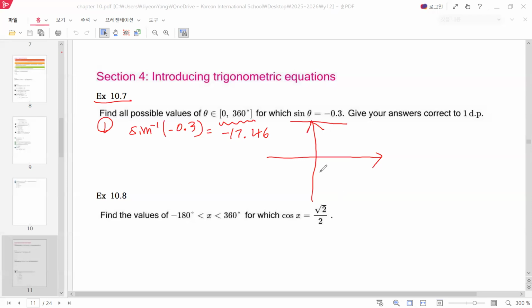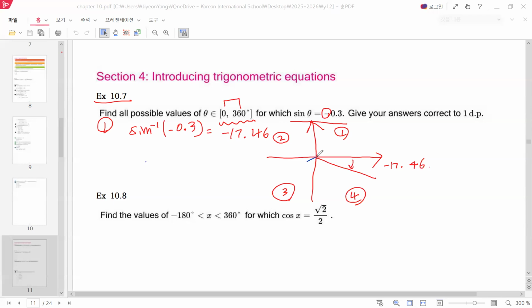So students, please draw a coordinate plane, and this one is negative 17.46. But since the sine value is negative, it's going to be located in the third quadrant and the fourth quadrant, right? So you need to find the third and fourth quadrant angles between 0 and 360.